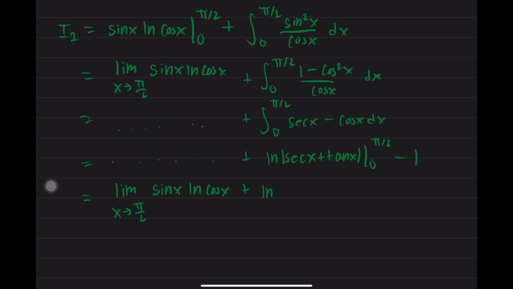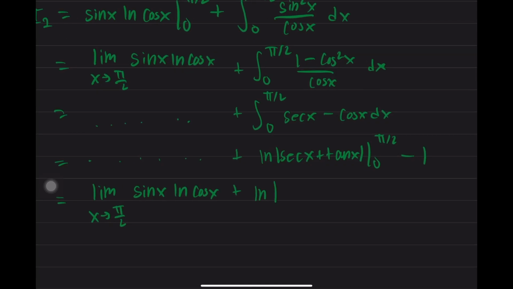So I'm going to rewrite this as ln absolute value of 1 over cosine of x plus ln of 1 plus sine x, and I'll evaluate this from 0 to pi over 2, minus 1.